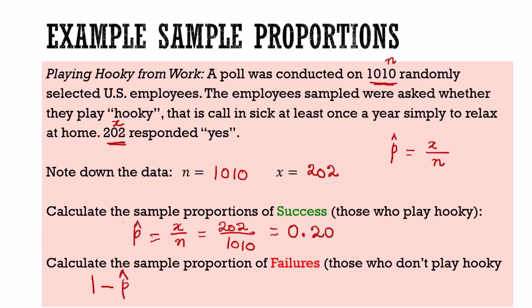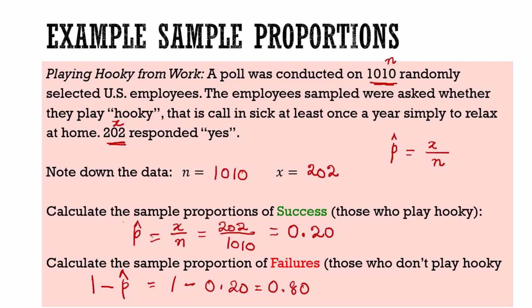Either they've met the specified attribute, we have the success, or they didn't, the failure, right? So out of the whole pool of our sample size, if 0.20 was the success proportion, then the failure proportion would be 1 minus 0.20.